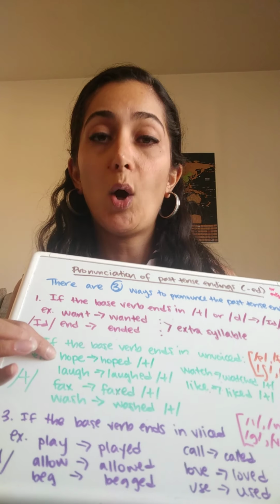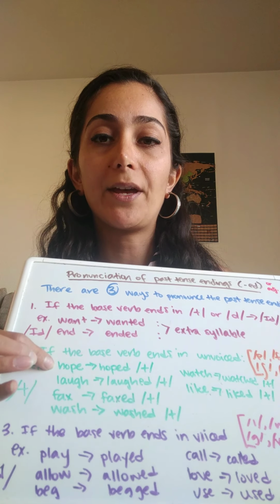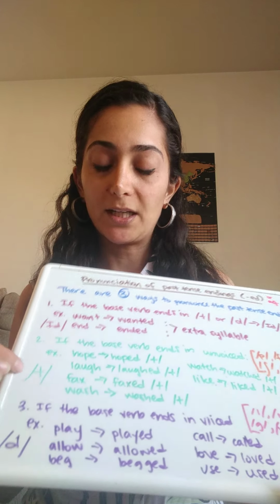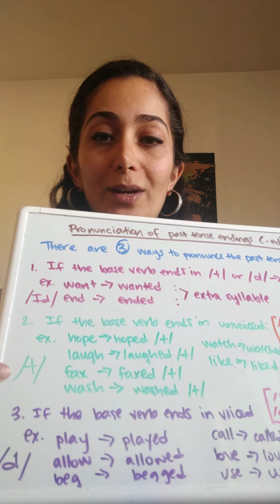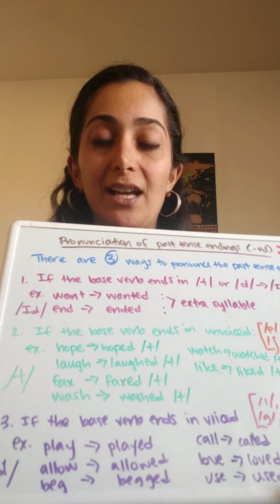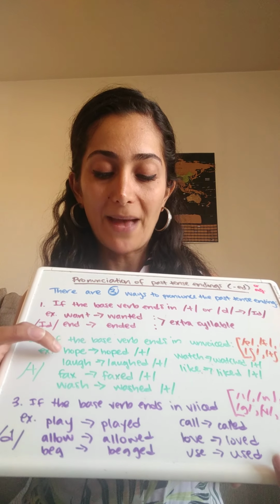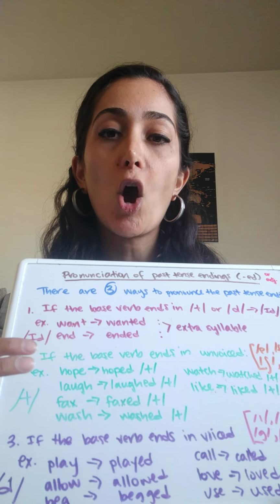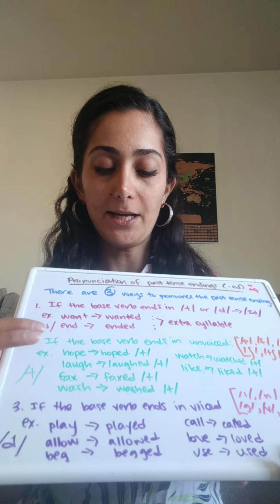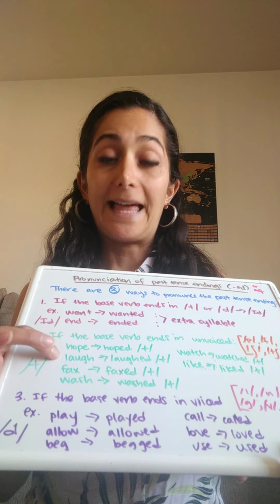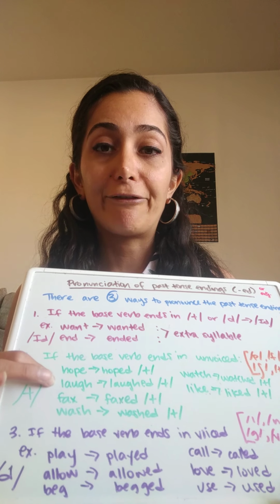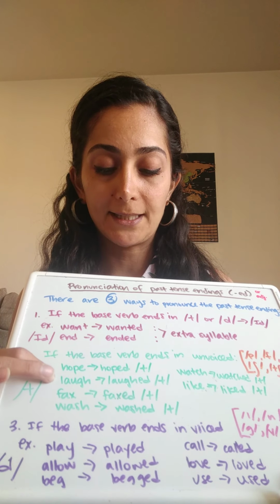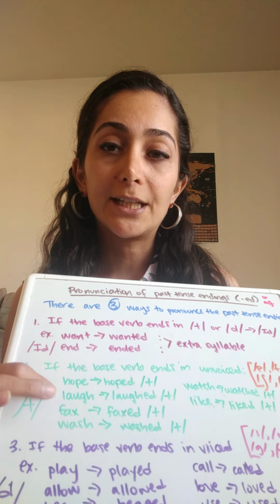So let's look at this example. Hope. It ends with a p, an unvoiced sound. So we are going to end with the unvoiced t ending. In the past, hope becomes hoped. Okay? Laugh. F, unvoiced there. The ending is unvoiced. So, laughed.